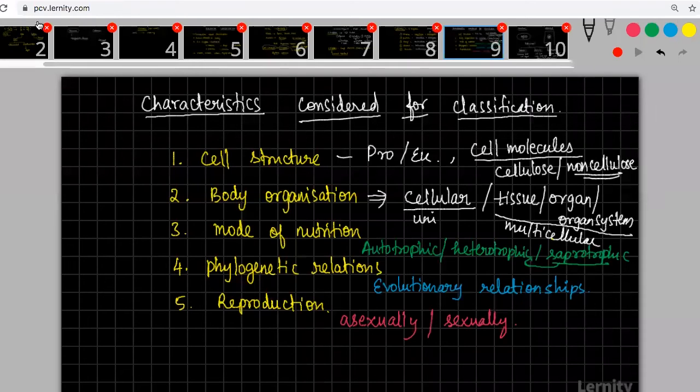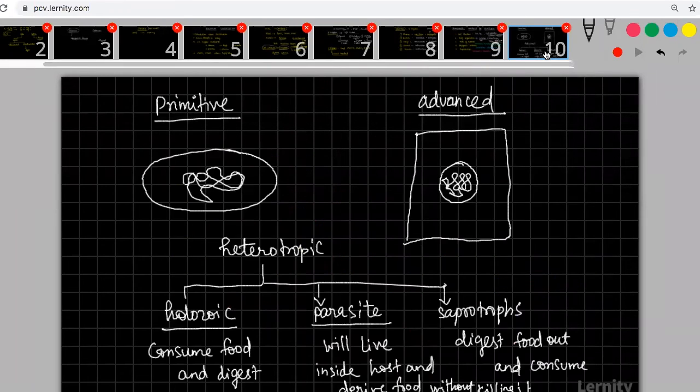Primitive and advanced cells are there. So I have talked about that. Anything else? I'm talking about prokaryotes and eukaryotes. Prokaryotes are cells which are primitive in nature. They do not have a nuclear membrane.